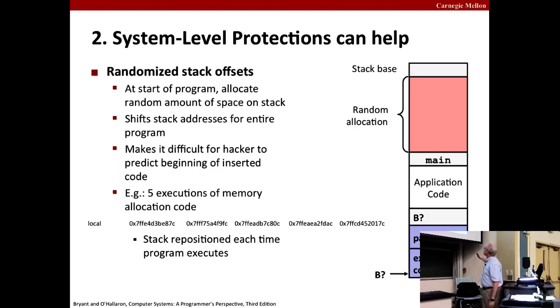But now with this randomization, this number is varying by quite a bit, over a range of 1 million or so values. So there's no way in advance, even if I have an exact copy of the code and I even had access to the system itself and could run it, I can't predict from one run to the next where it's going to be. So it thwarts this particular attack, using this randomization.